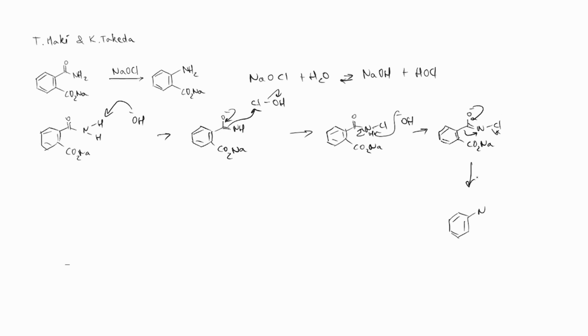And chloride in this step leaves as well. There we have our intermediate, the isocyanate, and as they used aqueous conditions in this step, water acts as a nucleophile towards the isocyanate.